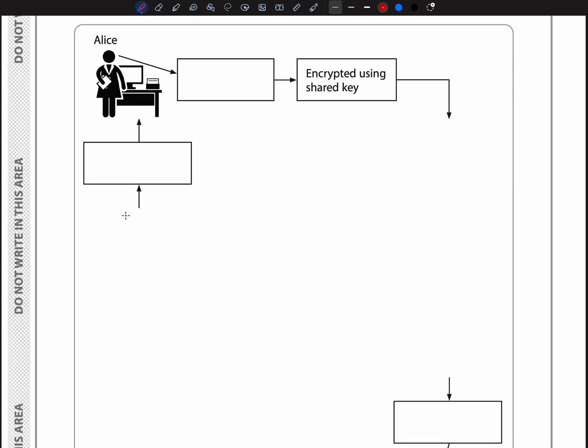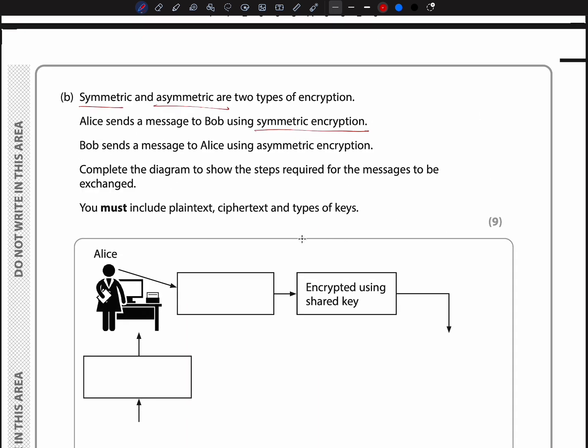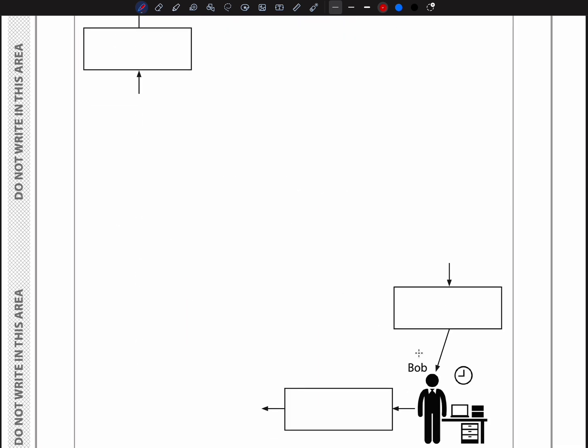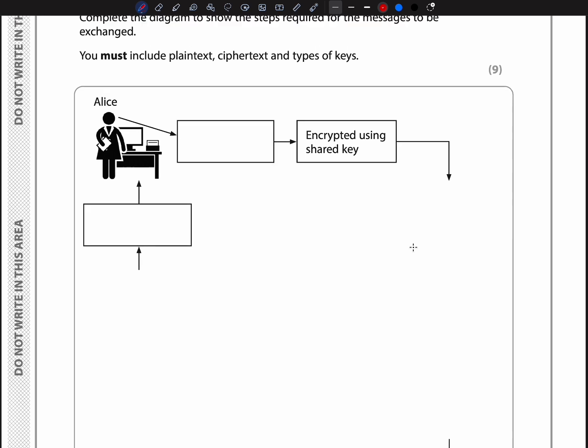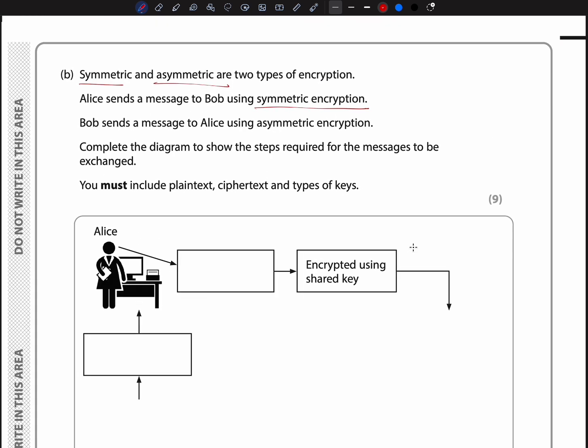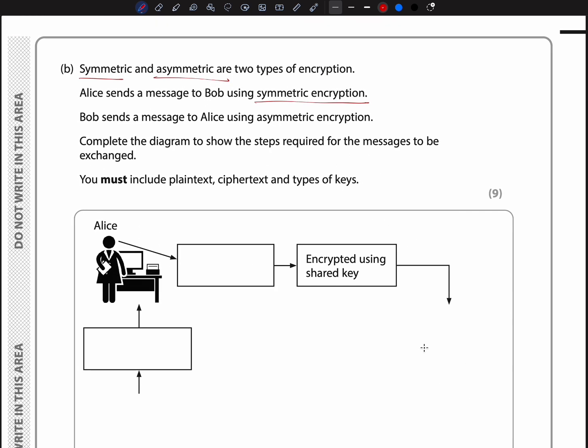So she uses the asymmetric type of encryption, whereas Bob sends a message to her using symmetric, and Bob sending a message to her using asymmetric format. So complete the diagram to show the type of key required for the messages to be exchanged. You must include plain text, ciphertext, and type of keys.